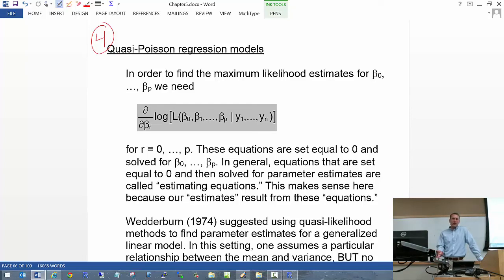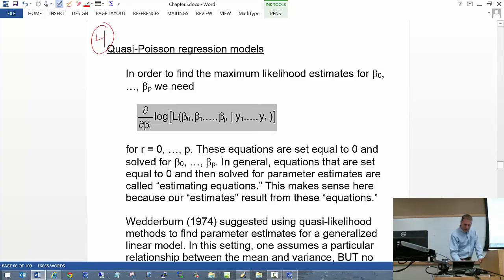We take the derivative of the log likelihood function with respect to the parameter that we're estimating. And let's say that I have p+1 betas in my model. So that means I have to take p+1 derivatives of my log likelihood function, 1 for each beta, set those equal to 0, and then use numerical iterative methods to solve for the beta hats. That's how we do this.